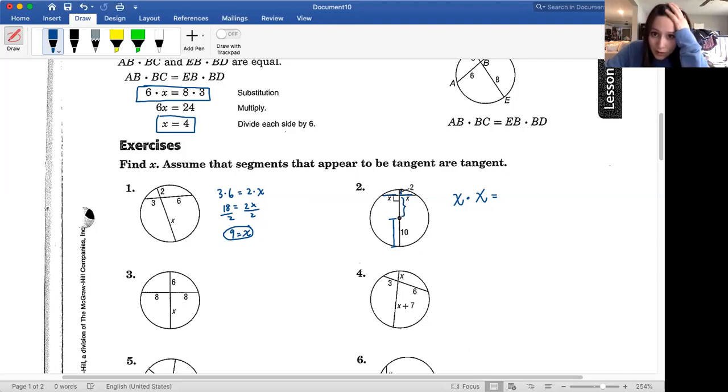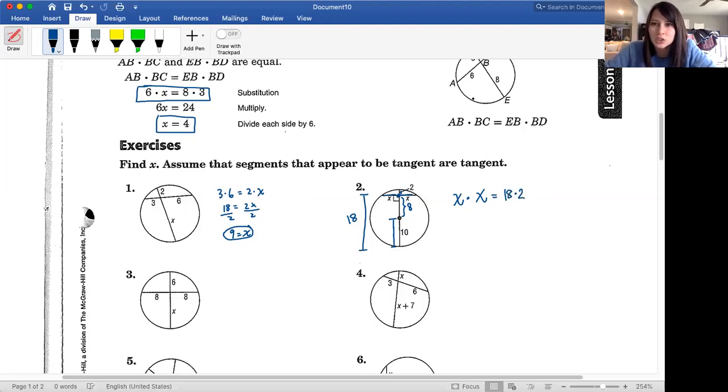So if I think through, this entire thing is 10, that's the radius. I subtract this little part, that's 8, which means this whole length from where it's intersected to the end of the circle is 10 and 8, which is 18. So the two parts of the chord where it's intersected are 18 times 2. So be very careful with that.